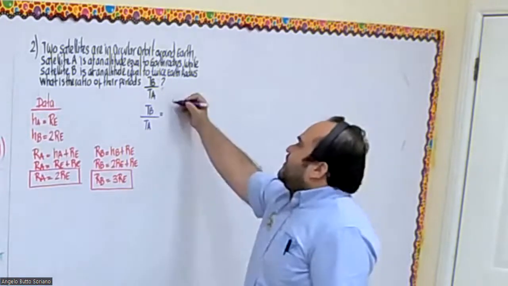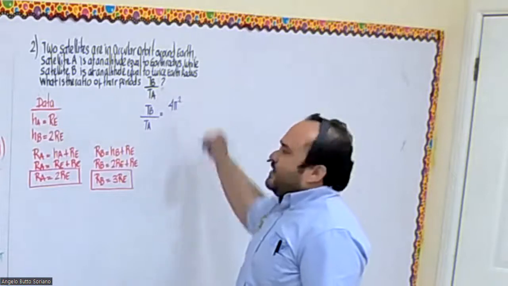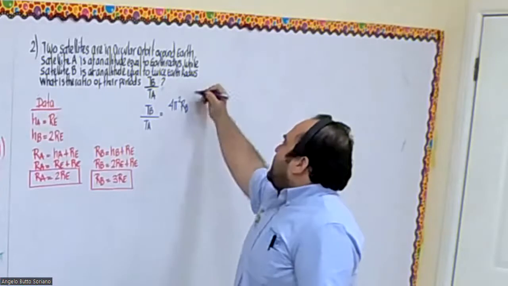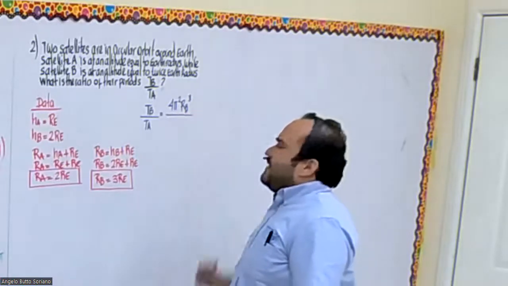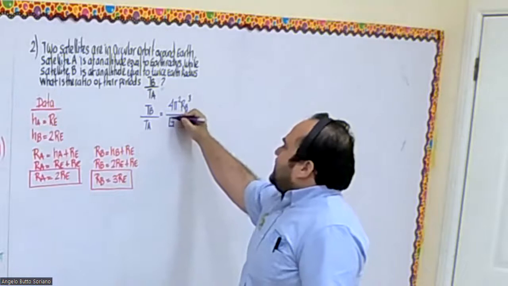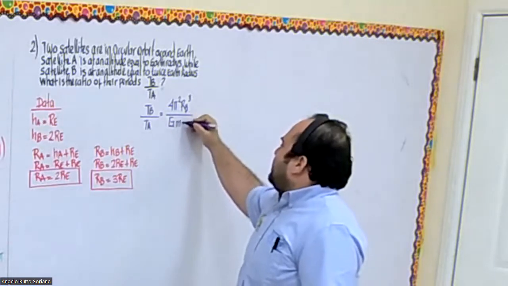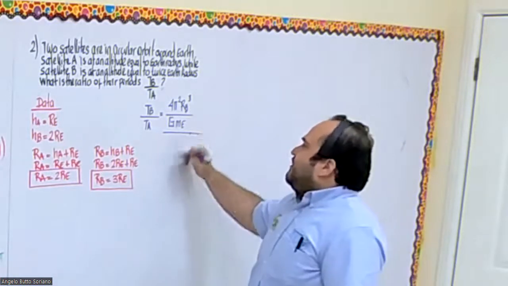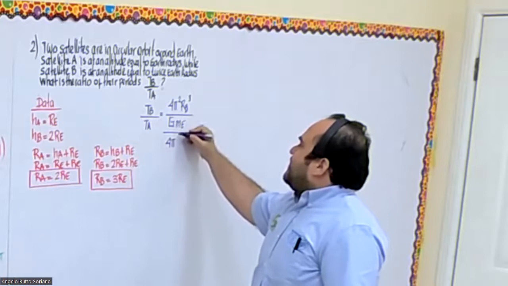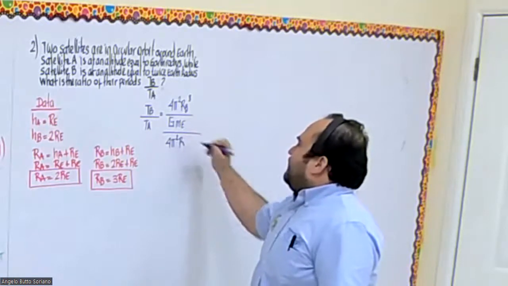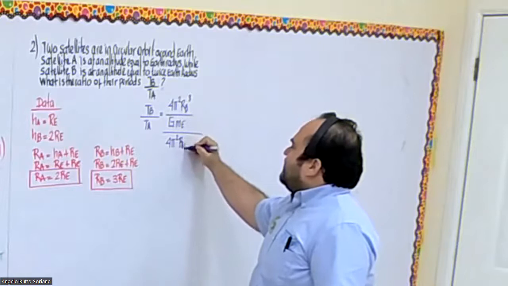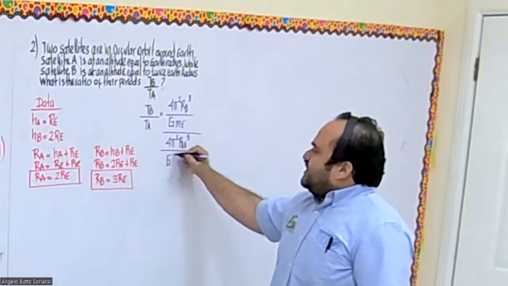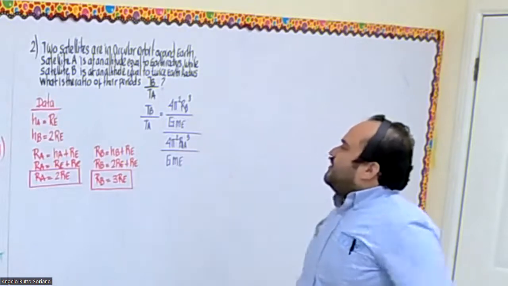The period is 4 pi squared times radius B to the third power divided by G times the mass of the planet, in this case the mass of the Earth, over the same formula for period A: 4 pi squared radius A cubed over G times the mass of the Earth.